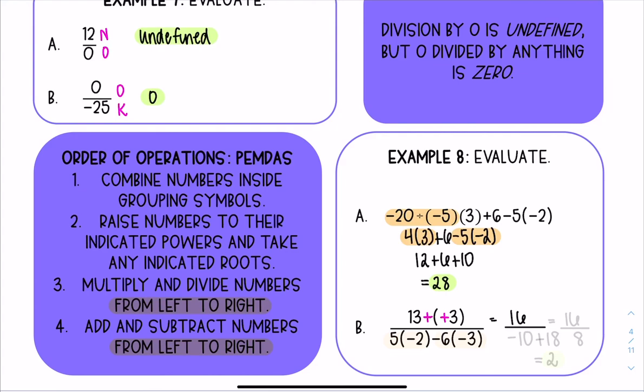And then on the bottom, we're going to deal with both of these multiplications. 5 times negative 2 and negative 6 times negative 3. Well, 5 times negative 2 is negative 10, and negative 6 times negative 3 is positive 18. And so this is really 16 over 8, and 16 over 8 is just 2.